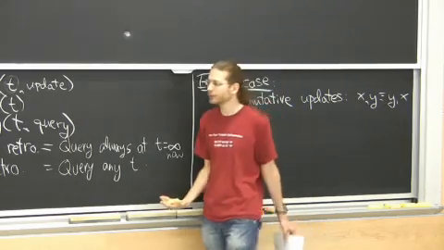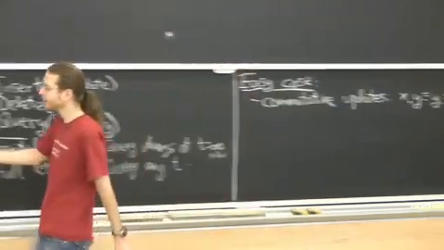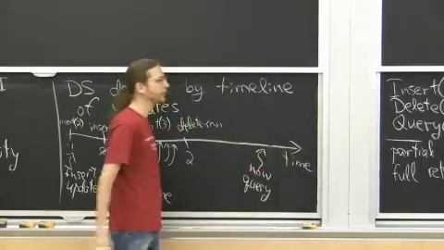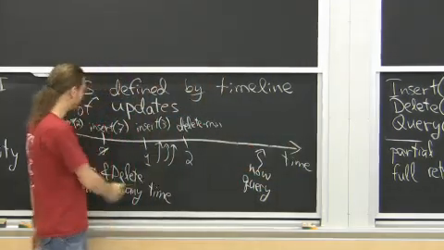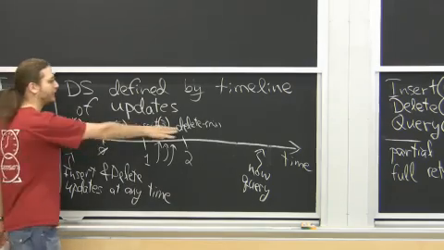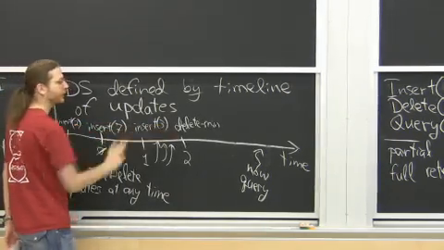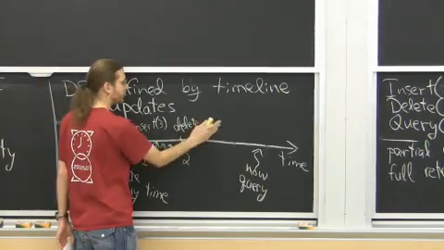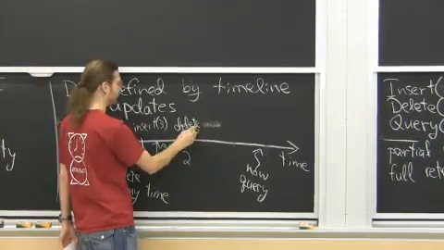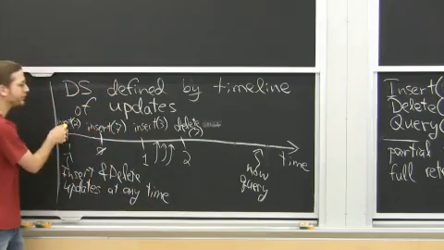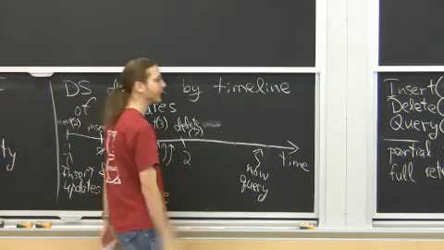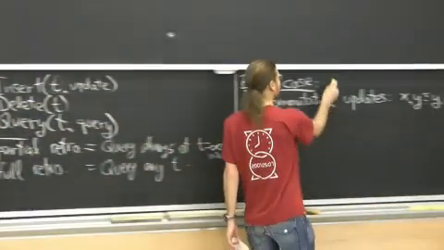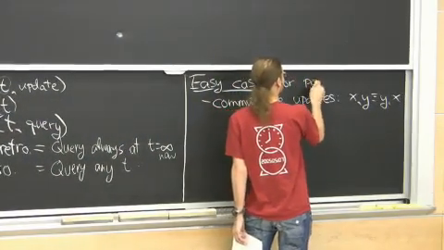This would be great, because I could reorder updates, and then I don't really care about the sequence of updates as long as I'm only querying the final results. Delete, min, and insert are not commutative. But if I was just doing insert and delete, for example, delete 7, whatever, then inserting 2 here is the same thing as inserting 2 at the end, as long as I'm only querying the end. So this would be an easy case for partial retroactivity.